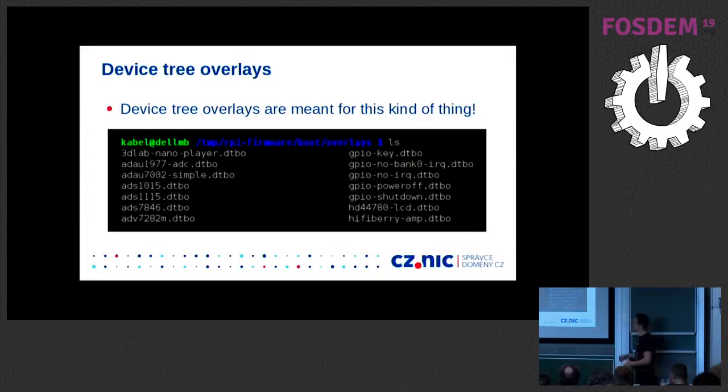It will, for example, add some devices or create some edges in the device tree so that the kernel will know that something is additionally connected. Here is a screenshot of a listing of all the different device tree overlays supported by Raspberry Pi. If you look into the /boot/overlays directory on your Raspberry Pi, you can find all these overlays and more. Here only 14 are listed.